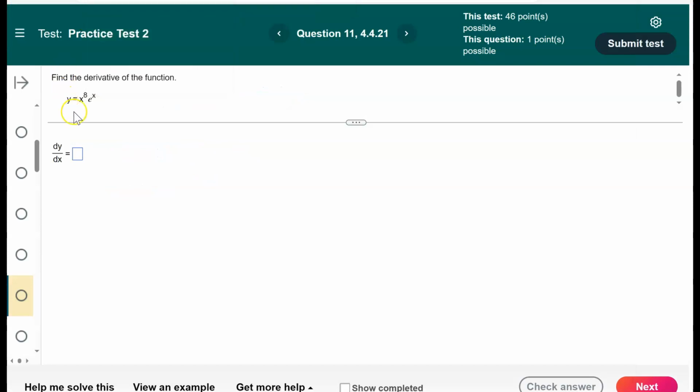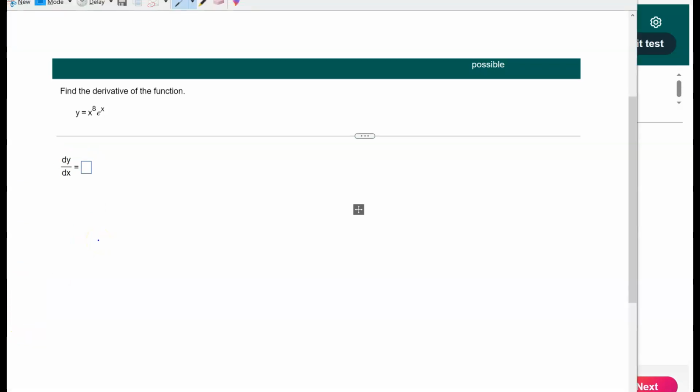All right, so for this next question, we are to find the derivative of x to the 8 times e to the x. So I hope you recognize that to find the derivative here, we would need to use the product rule. All right, so let's apply the product rule. This would be your u, and this would be your v.